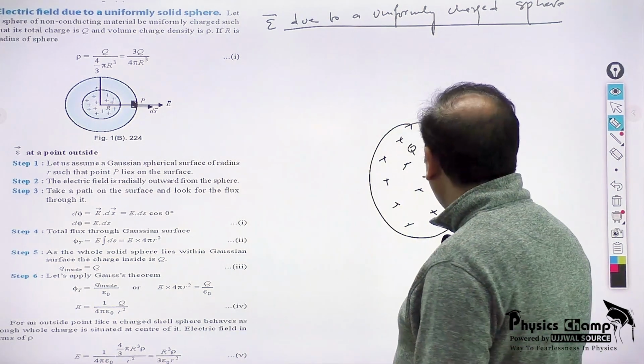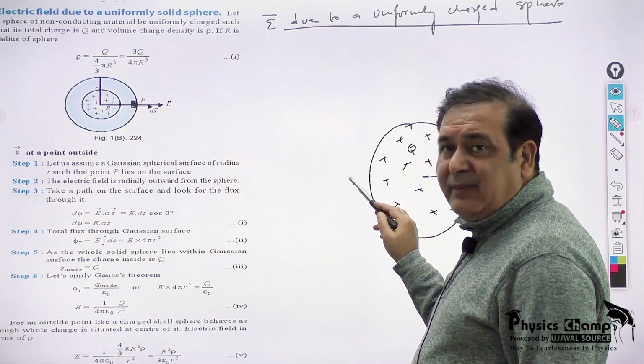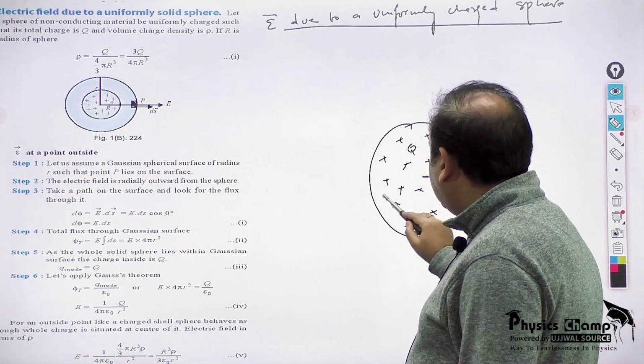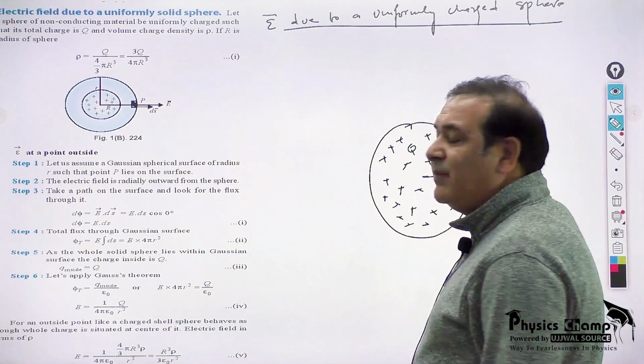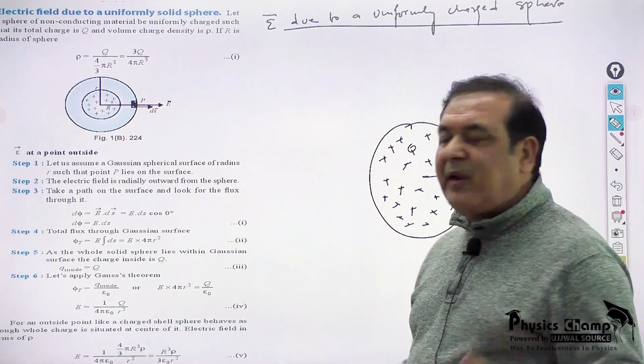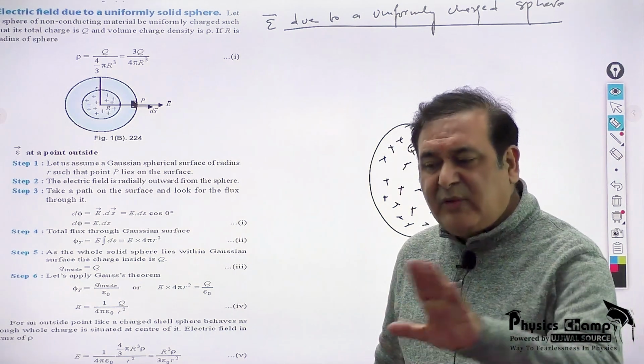If it was a conducting material, then charge would have only remained at the surface, because charge is distributed in this whole volume. So it is an insulating material made up of some dielectric. That's why the charge is not moving out.